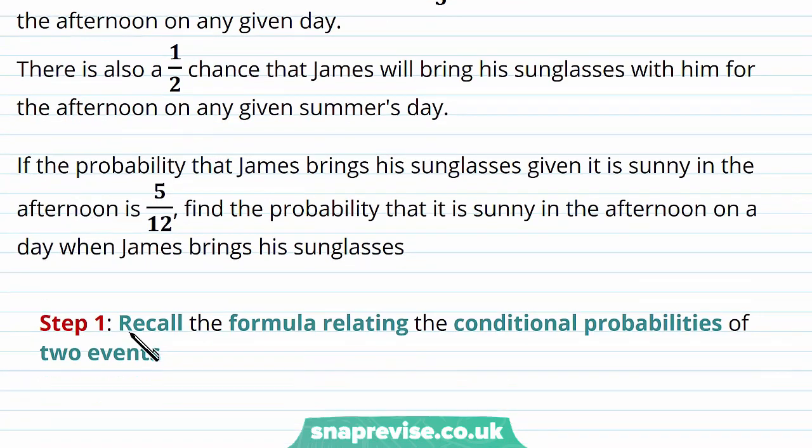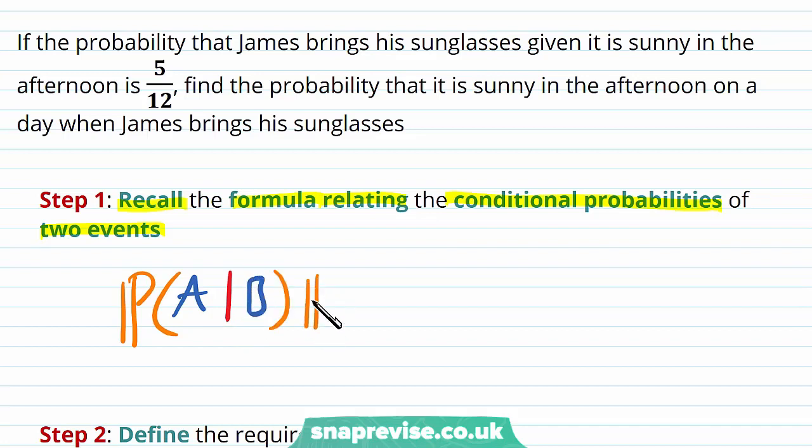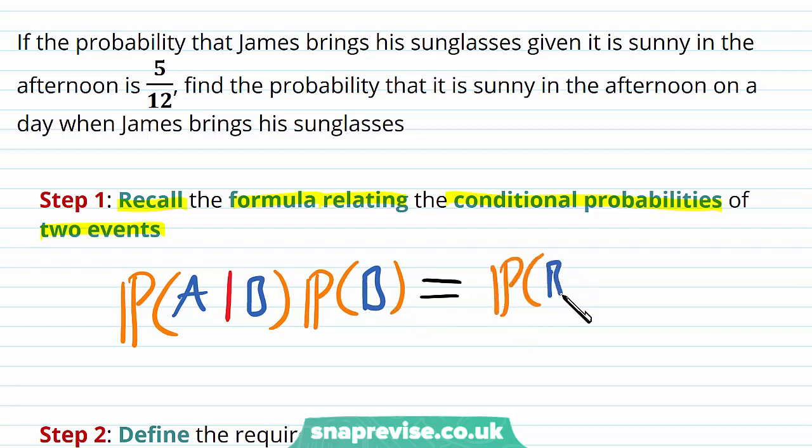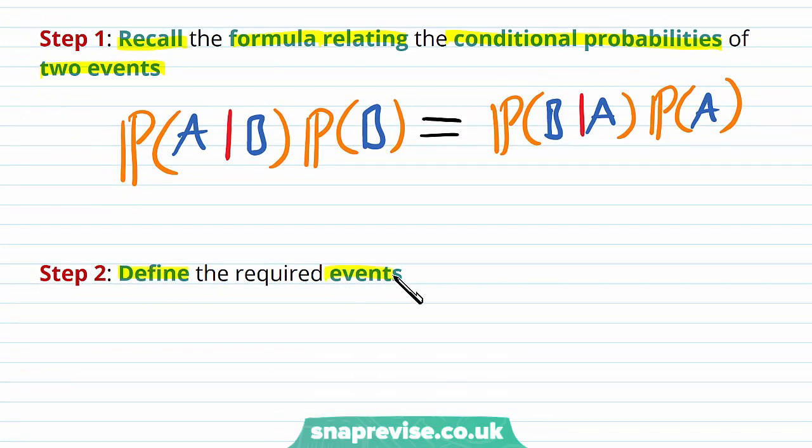Our first step is to recall the formula relating the conditional probabilities of the two events. We have the probability of A given the event B multiplied by the probability of the event B is equal to the reverse, i.e. the probability of B given A multiplied by the probability of A. Our second step is to define the required events.